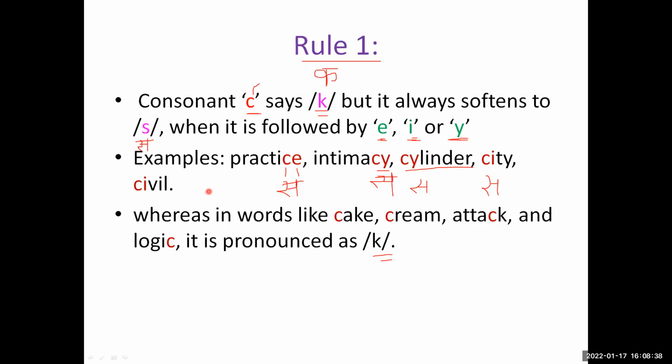And in other cases you are going to pronounce it as /k/, in the examples which are mentioned here, like cake. So after C, what is it? It is A. Okay. So it is cake. It is not sake. It is cream. It is not shrimp. It is attack. It is not a task. And it is logic. It is not logis. So this difference you people try to understand.